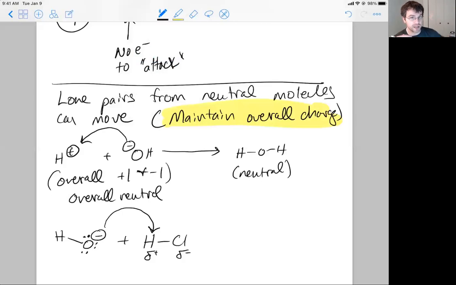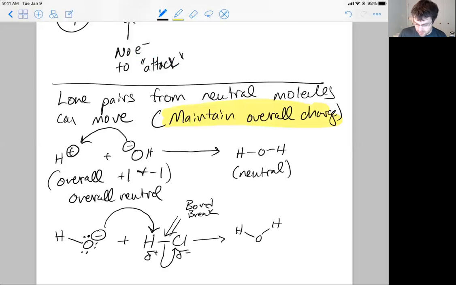Hydrogen only wants 2 electrons to get to its octet. So what we can do is we can show the curly arrow notation to have electrons moving from a position where they're shared to a position where they're unshared. That is to say, this bond is going to break to give rise to this molecule plus Cl.